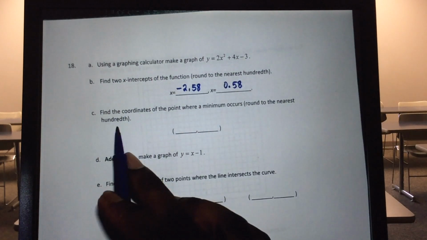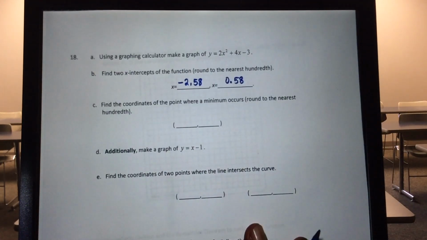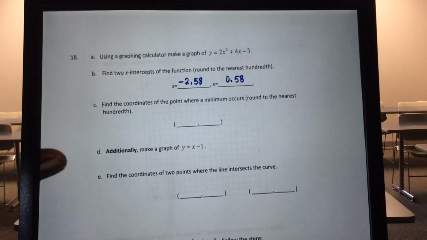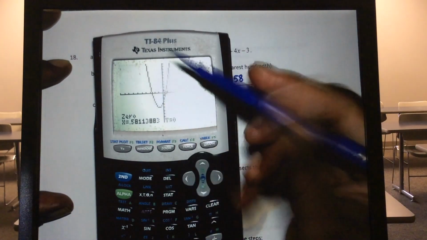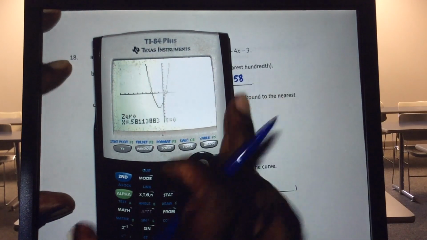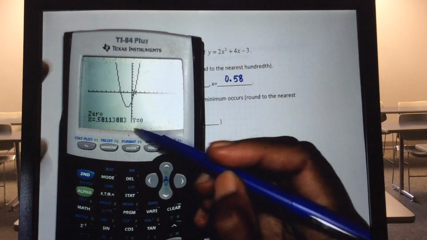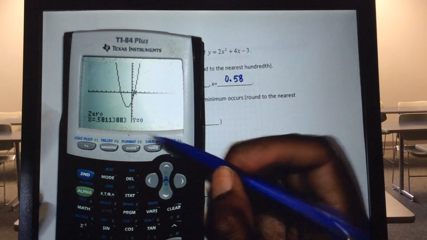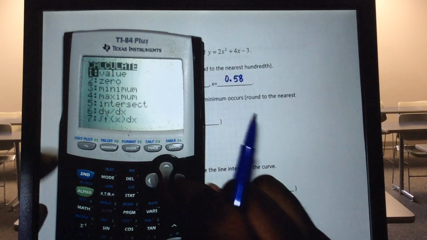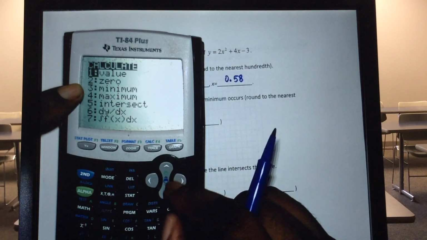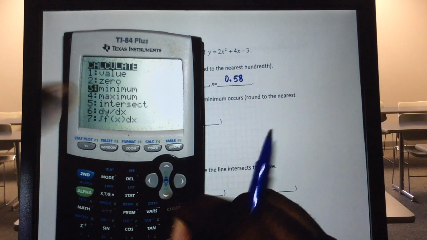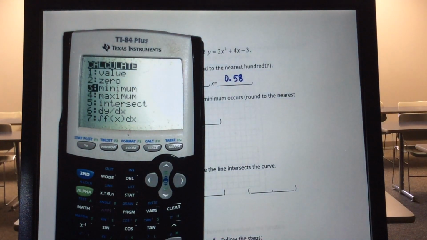Now part C is finding the coordinates of the point where the minimum occurs. And we're going to round that off to two decimal places here. The minimum is going to be the lowest point on the graph. So in this case, I need to do second and trace for the calculate menu. And here I'm going to select menu item number 3 because I'm looking for the minimum.